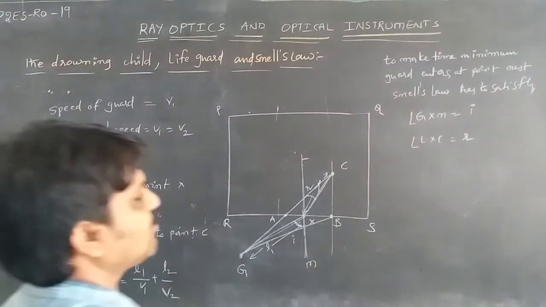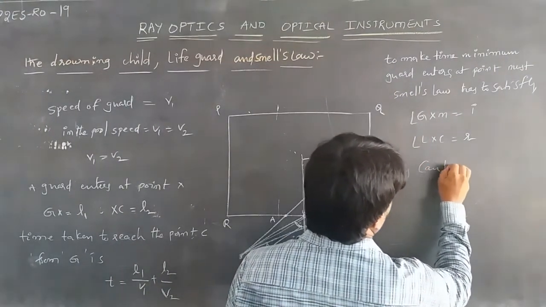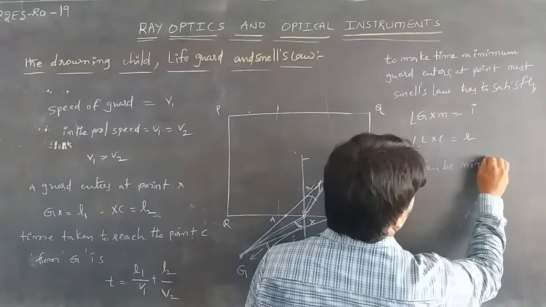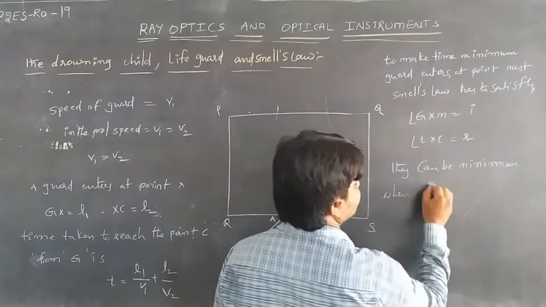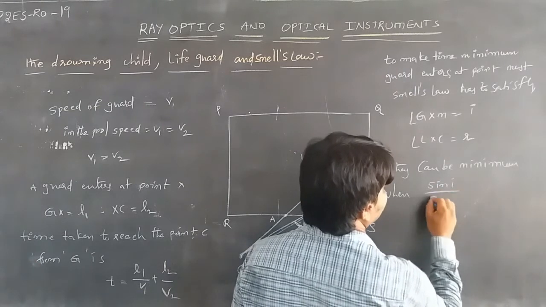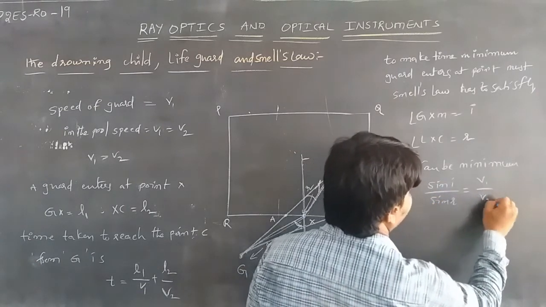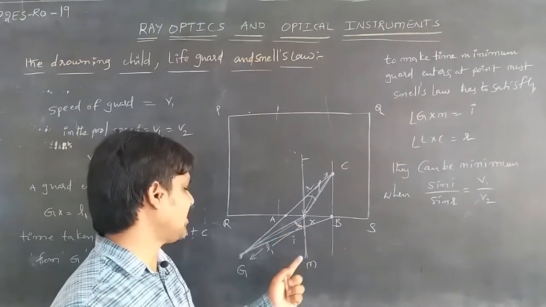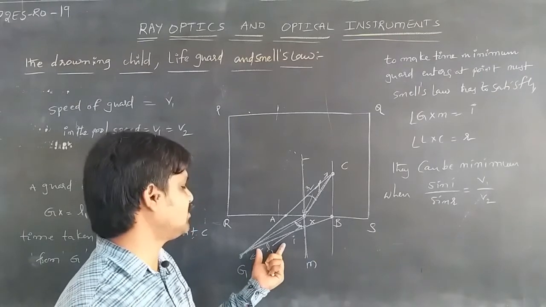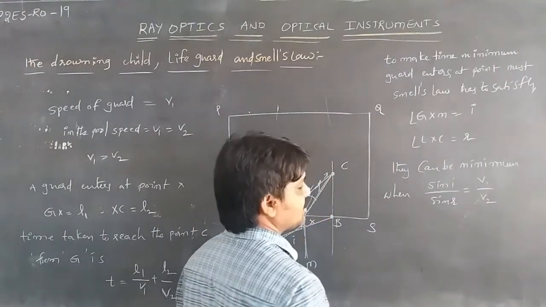The time can be minimum when sin i by sin r is equal to V1 by V2, meaning sin of the angle of incidence, sin i, corresponds to velocity V1 and sin r corresponds to velocity V2.